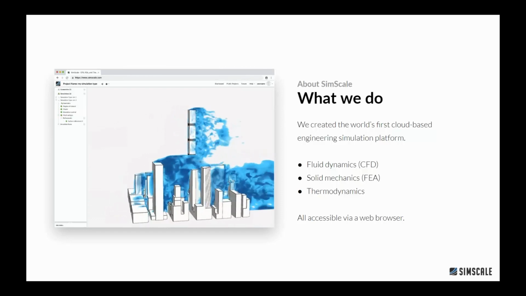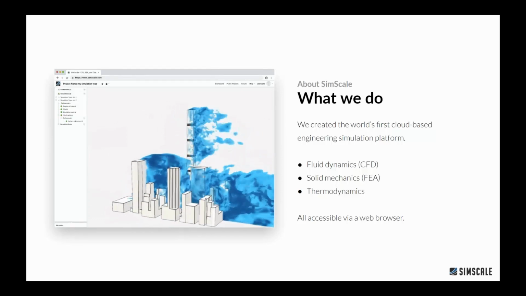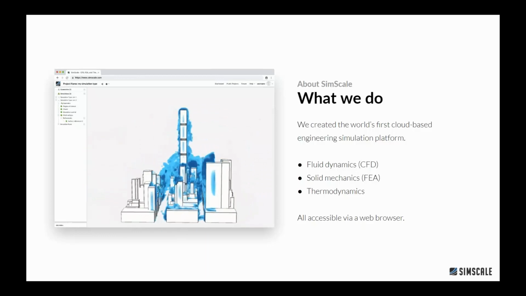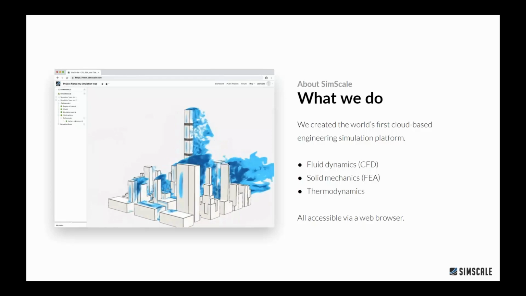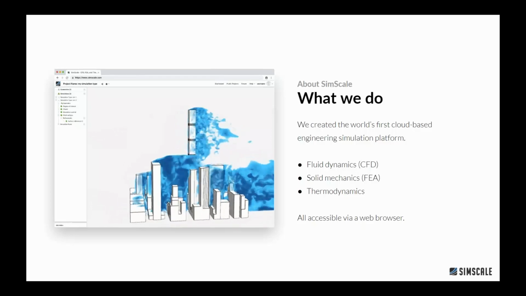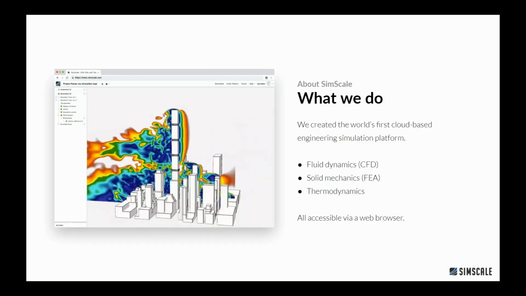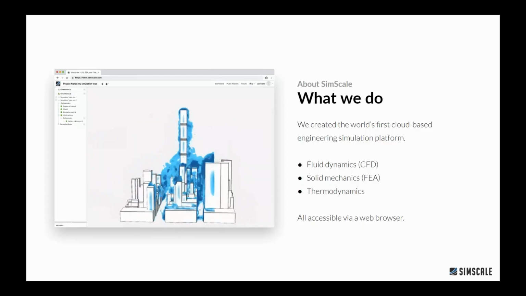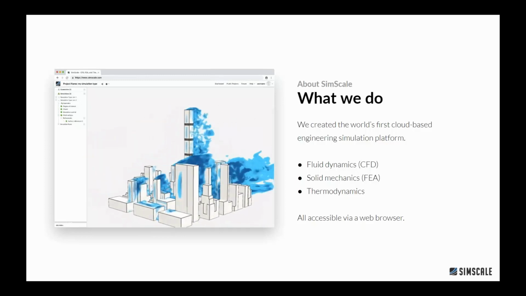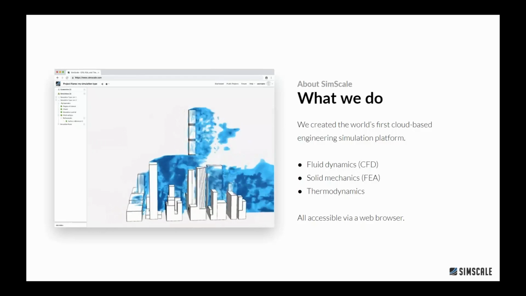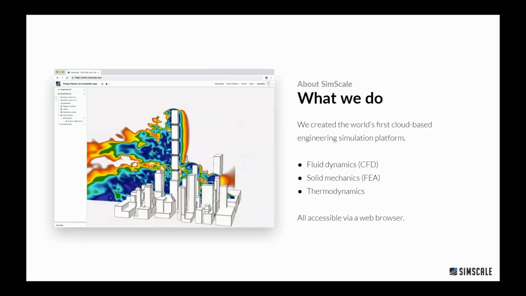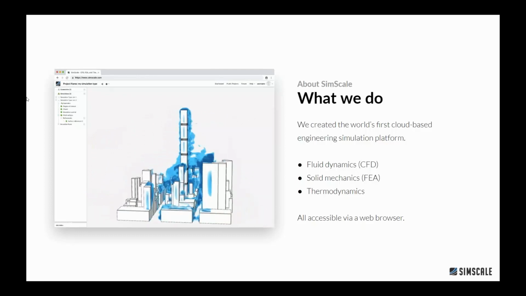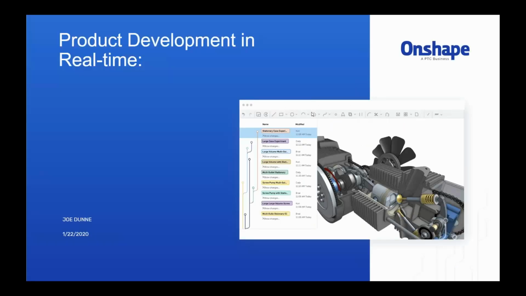For example, this little image shows a transient wind loading analysis on a building, but today we're going to talk about thermal management analysis. It's an end-to-end simulation environment, general purpose physics, from structural analysis and thermal analysis all the way to CFD, end-to-end in a web browser. I don't want to talk too much about it because we're going to see it in action anyway, so I'll hand over to you, Joe.